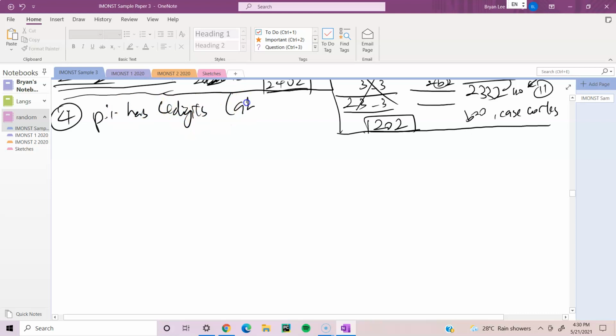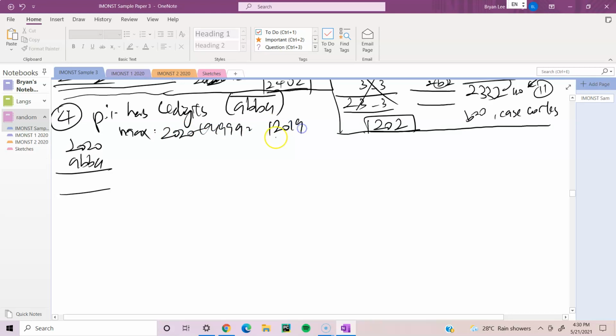So we will have ABBA, right? So 2020 plus ABBA, something like this. Now let's cap a limit for this. The maximum would be 2020 plus 9999, which is 12019. So it would give us either a 4-digit number or a 5-digit number.